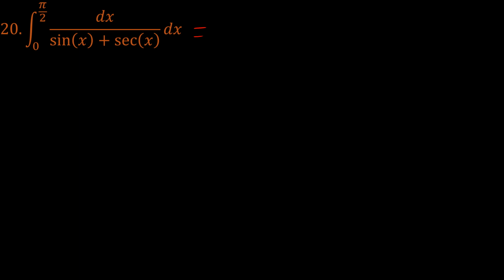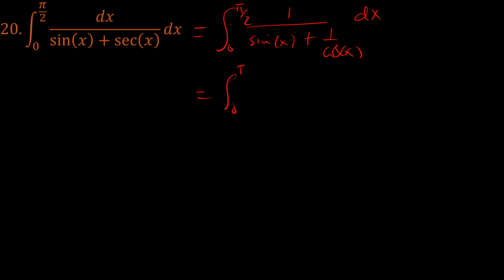One notable thing we could do here is keep the limits as they are, and we have sine x plus 1 over cosine x, and multiplying both the numerator and denominator with cosine x, we get the integral from 0 to pi over 2 of cosine of x over cosine of x sine of x plus 1. Now this is a very important integral. We can call this I.